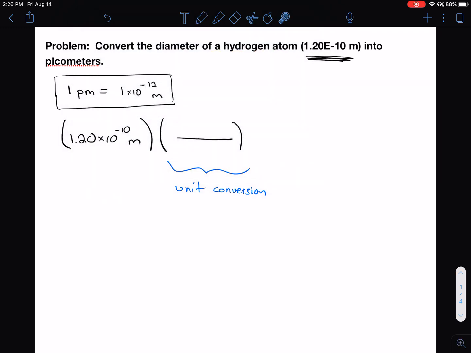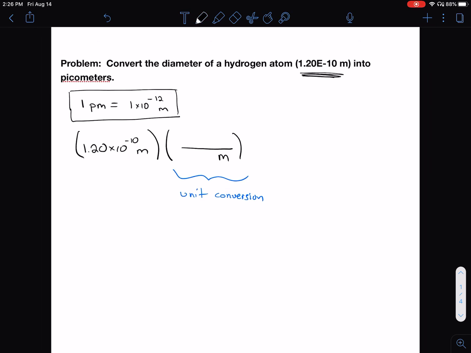So we have meters here, so we want to put our meters on the bottom, and we want to go to picometers, where the question is asking us to go into picometers, right? So we're converting into picometers, so I'm going to put picometers on the top, and then we're just going to put the numbers in.